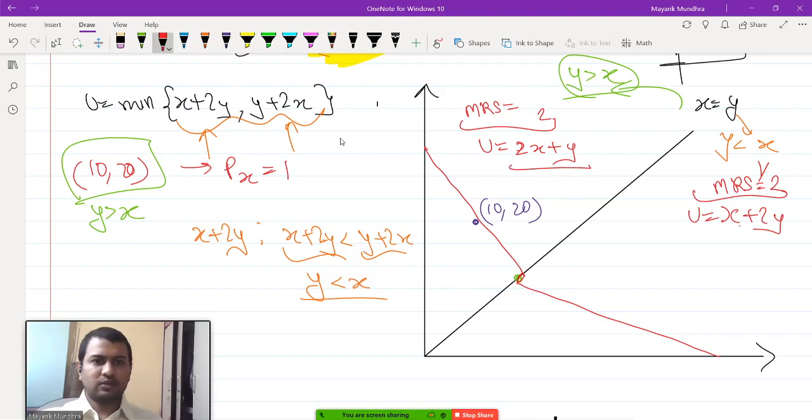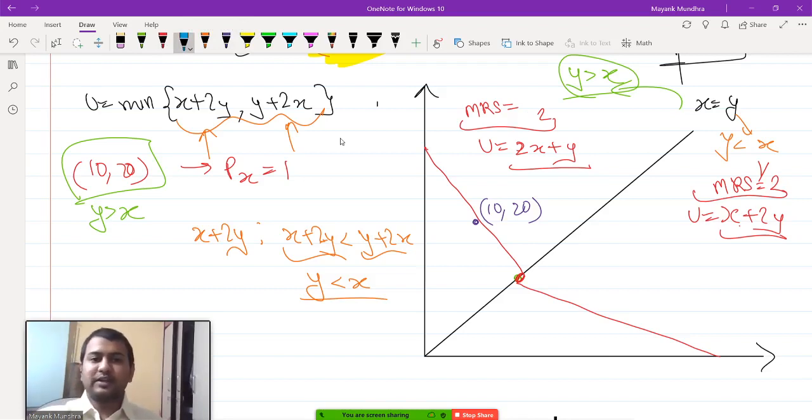Is it 2x plus y, x plus 2y? Yeah, cool. Okay. Where was I? Yeah, I wrote the MRS the wrong way around, sorry. I had made the steeper slope half and the flatter slope 2.